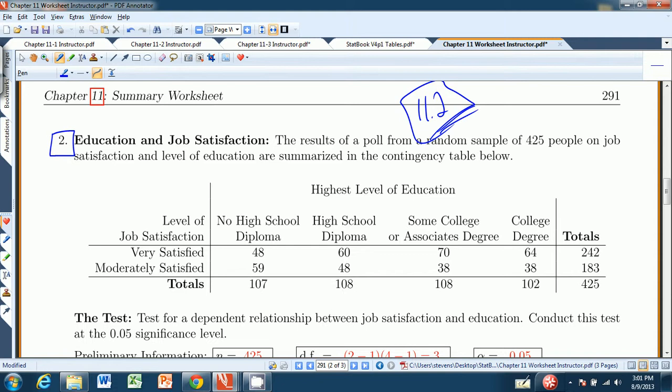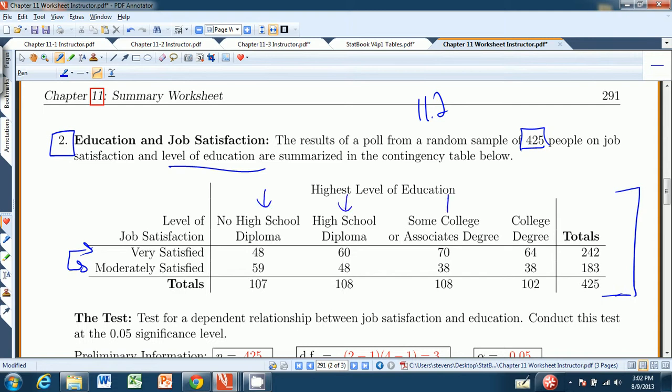So, 11.2, this is a test of independence, so we're going to determine whether or not two variables are independent or dependent. So, the results of a poll from a random sample of 425 people on job satisfaction is compared to the level of education, and the results are summarized in this contingency table. Right? So we have two categories, the variables very satisfied and moderately satisfied, and we have no high school diploma, some college or associate's degree, and a college degree.